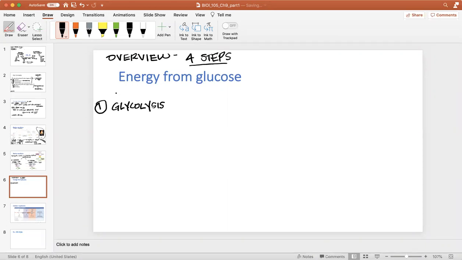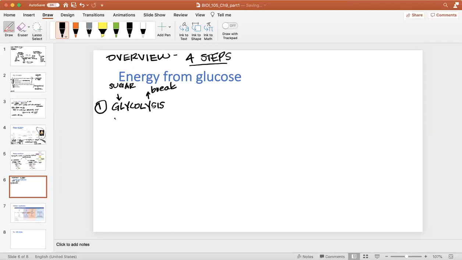Okay, glycolysis, if you were to break this word down, it literally means sugar break, right? That's literally what those word parts mean.